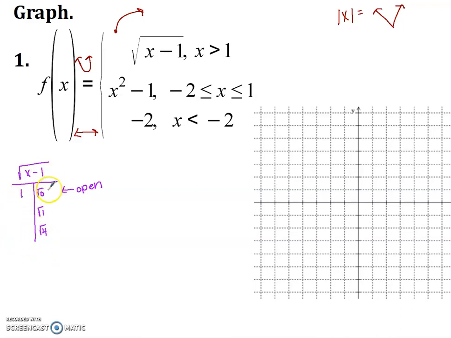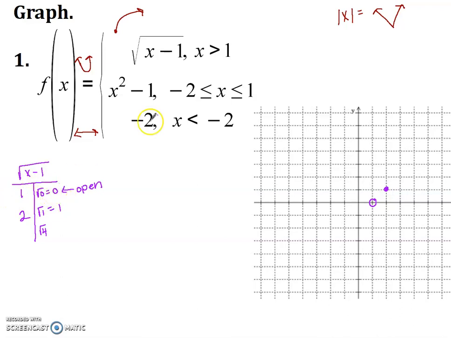Okay, so by plugging in 1, that gives me square root of 0, which is 0. So I'm going to go ahead and graph the point 1, 0 with an open circle. Then if I plug in 2, 2 minus 1, that'll give me square root of 1, which is 1. So then I'm going to graph 2, 1, and everything after this will be a closed circle.